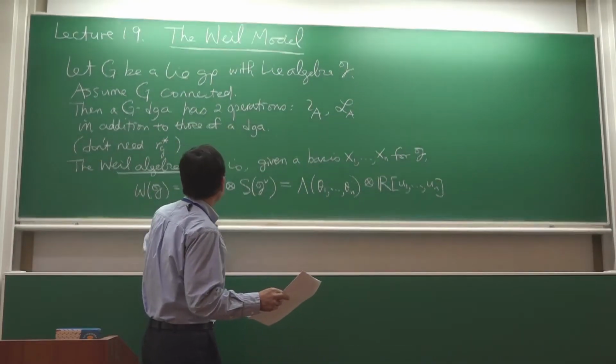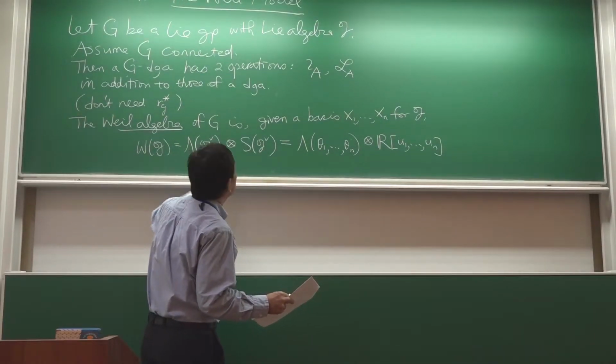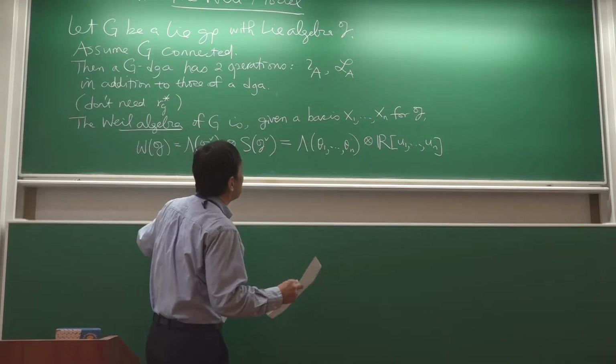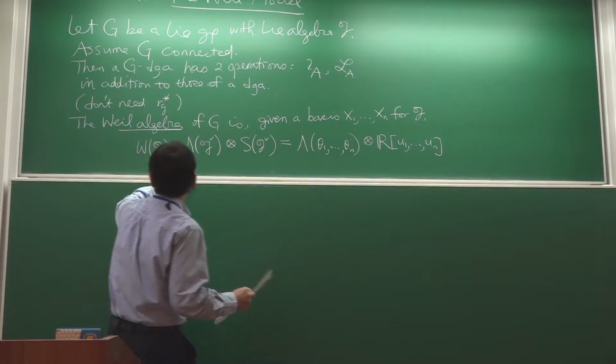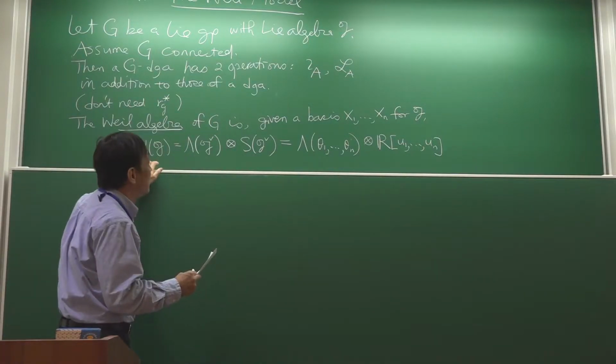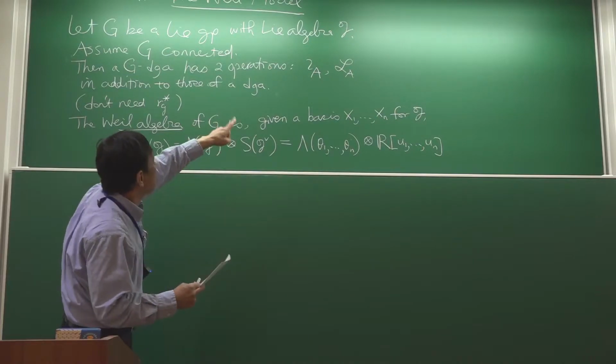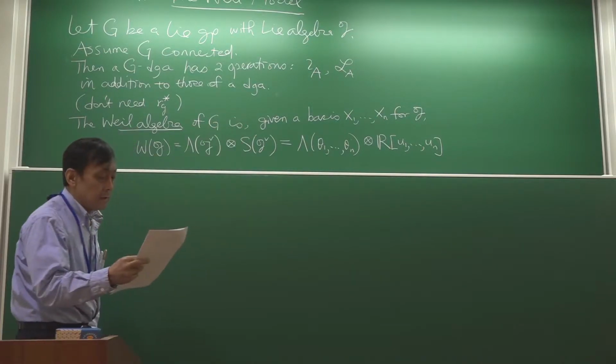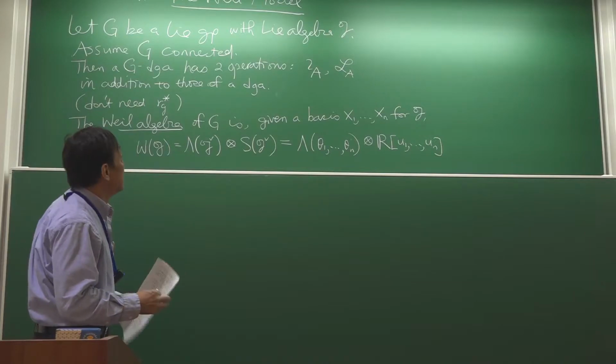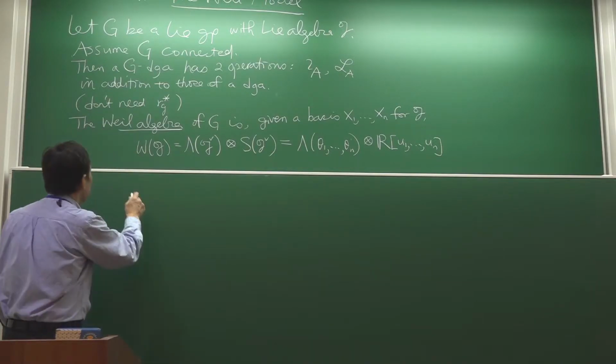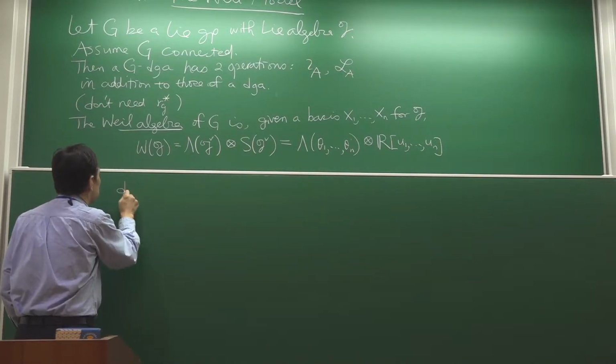So that's the Weil algebra, and we need to define a differential, and then interior multiplication and the Lie derivative, okay? So we defined the differential last time.